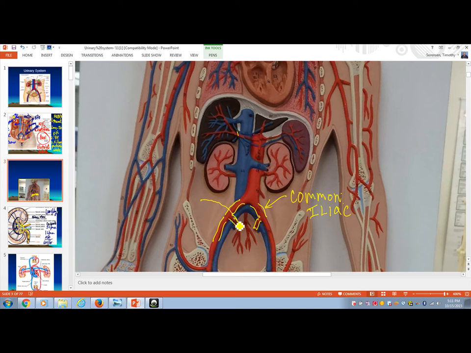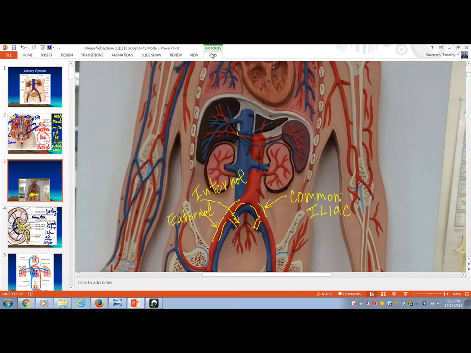So this is the internal. And this, of course, is the external, both right and left.